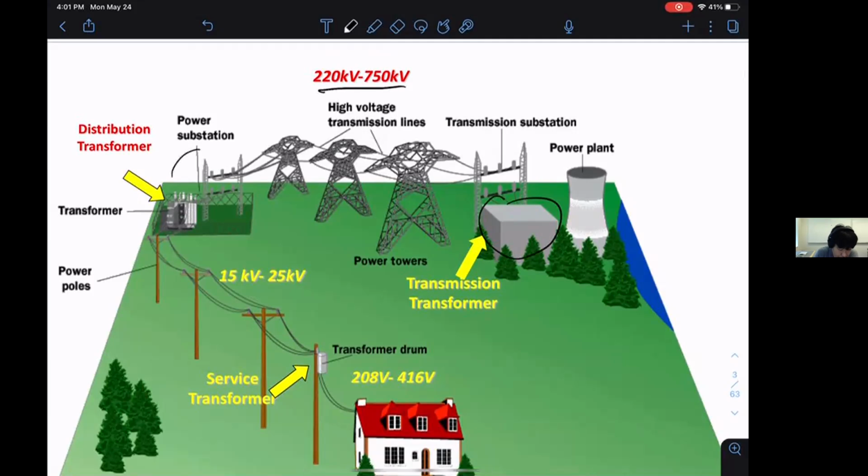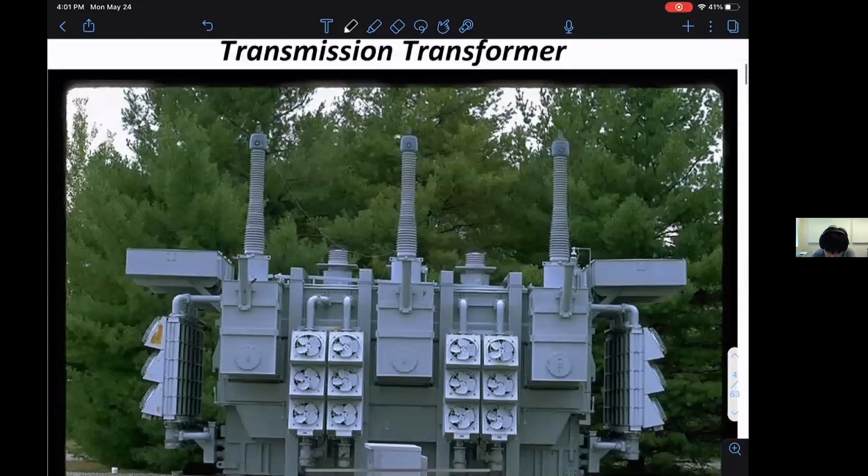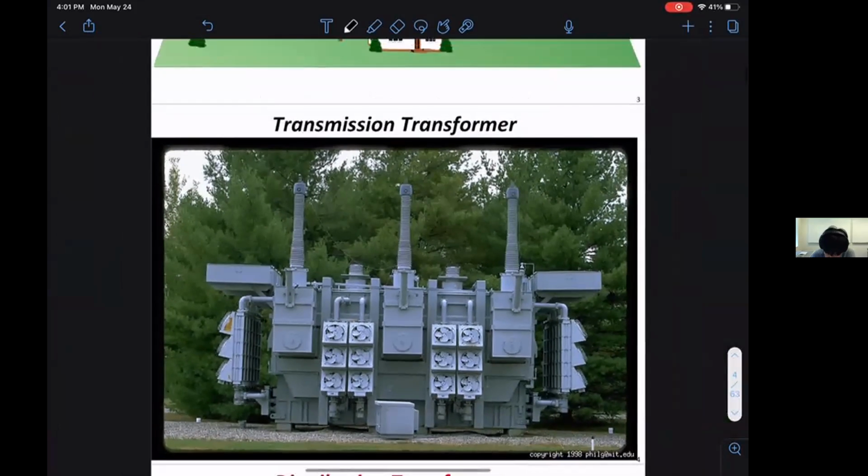Then successively, this voltage goes down until it reaches the voltage used in our homes. If you look at pictures of transformers, you have very large transformers. This is a transmission level transformer. These are very large, you have to cool them, and they are very costly. They cost millions of dollars.